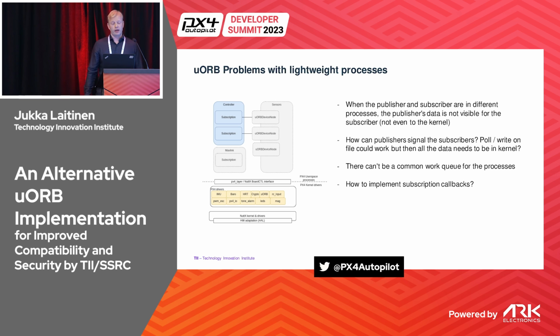If this controller process would like to have a callback from the publisher, so it registers a callback saying call this function of mine when there is new data, obviously, when the sensors module is running, it cannot just call a function which is in another process's memory space, because it cannot access that. They are protected from each other.